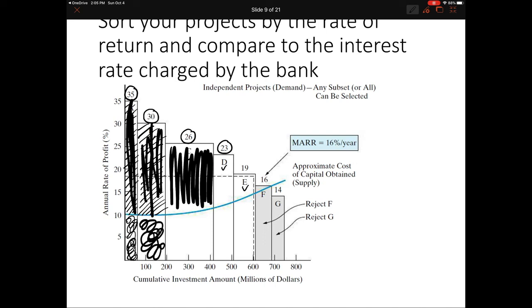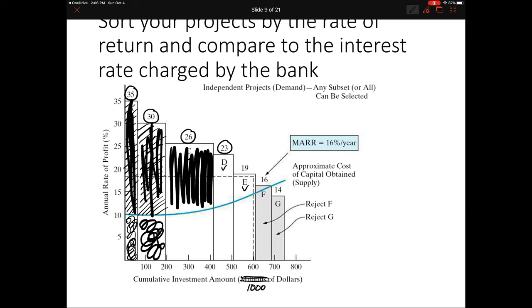But be careful when you're looking at project F. You want to borrow more than 600, well, this is 600 million, well, we use 600K, so we can use that as $1,000. So you want to borrow more than $600,000 from the bank.